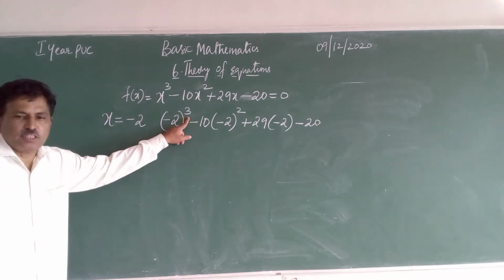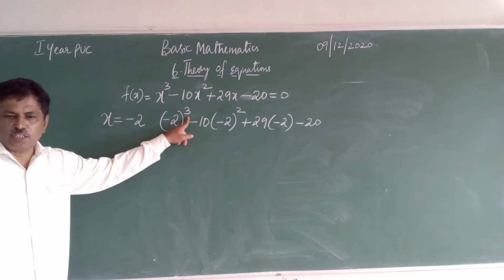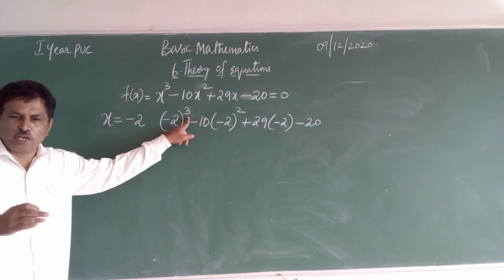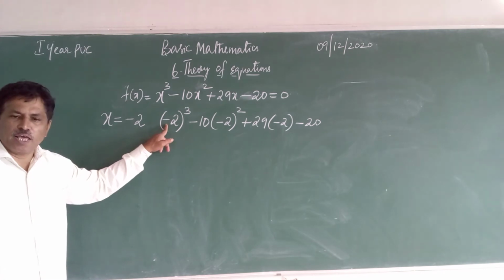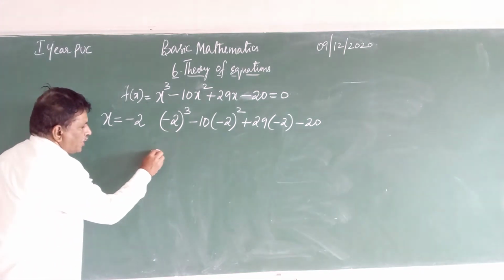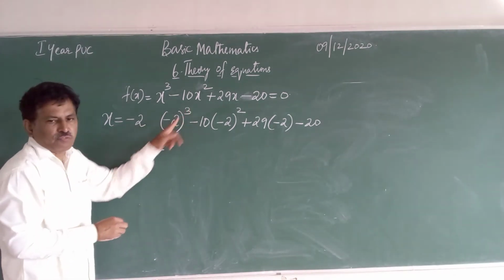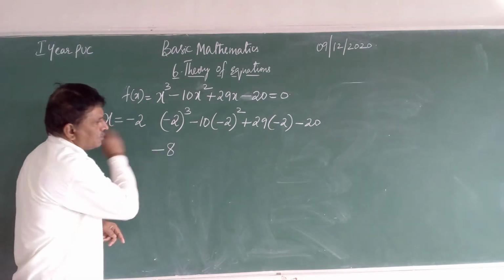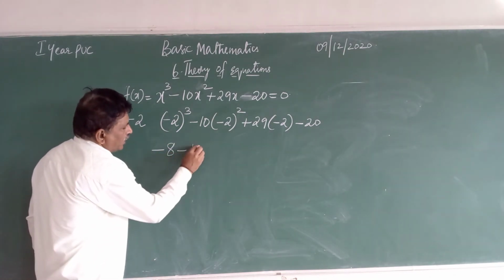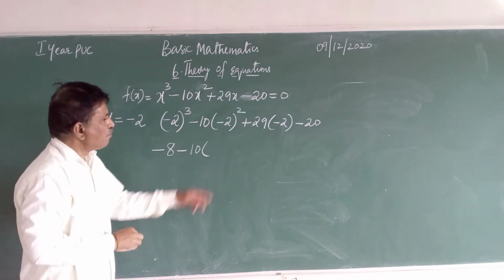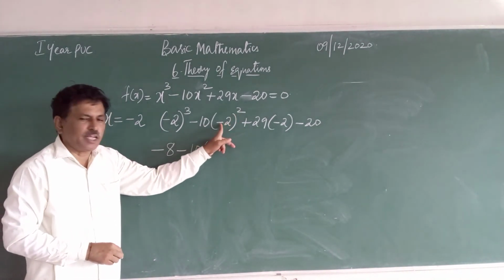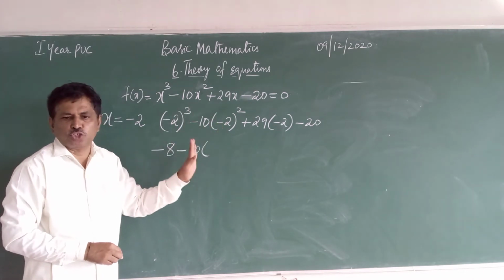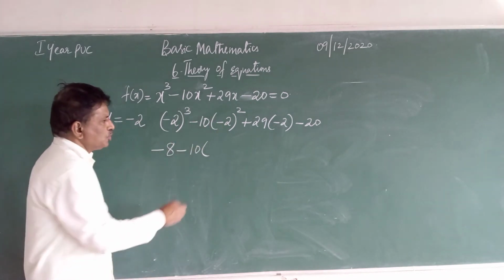Since the power is odd, already I told you that if the power is 1, 3, 5, 7 like that, the sign will remain as it is, negative will be negative only. 2 to the power of 3 is 8. Minus 10, power is even number. When the power is even number, either it is negative or positive, it will become positive only.